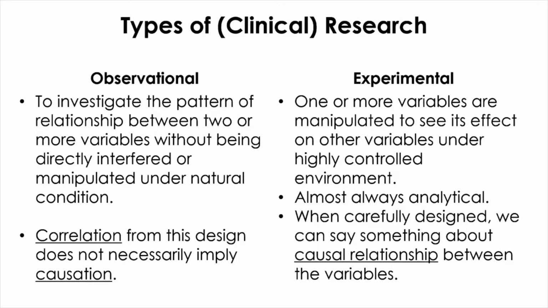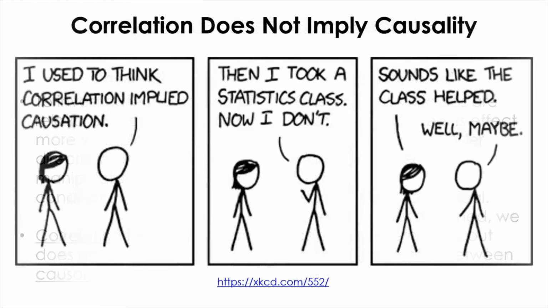However, you cannot suggest this kind of causation from the seemingly same result of the observational study because of several reasons that we will see later in this class. So before we talk about those differences in design between the correlational, observational, and experimental design, let's talk about why a simple correlation between the two variables does not necessarily mean they are causally related, because we make this false inference quite frequently.